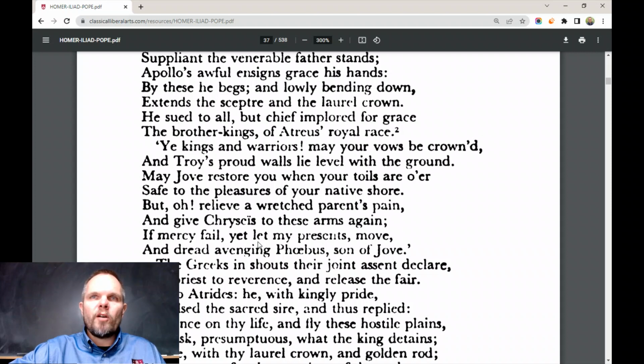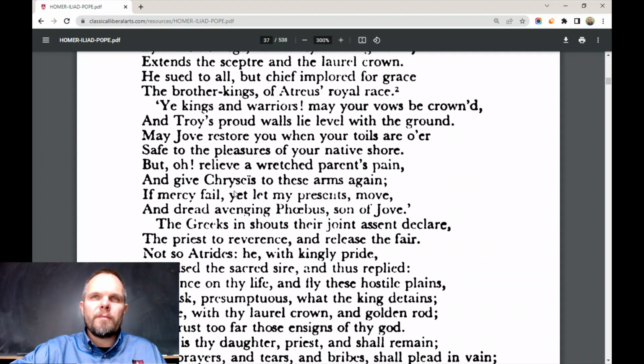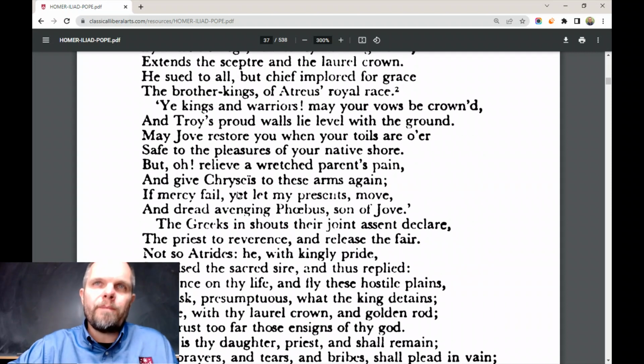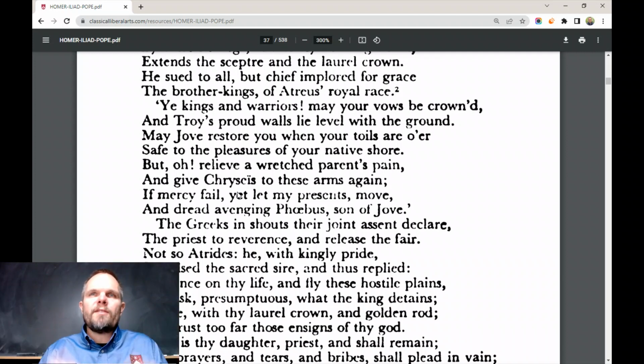Ye kings and warriors, may your vows be crowned, and Troy's proud walls lie level with the ground. May Jove restore you when your toils are o'er, safe to the pleasures of your native shore.